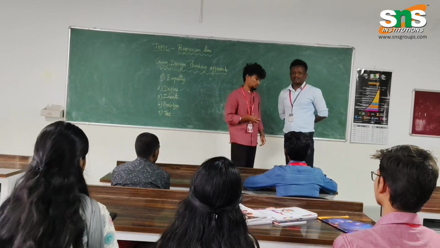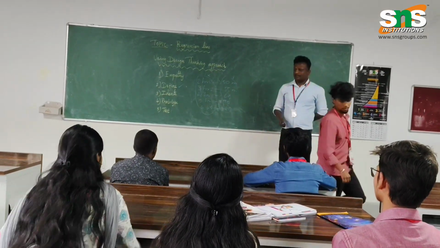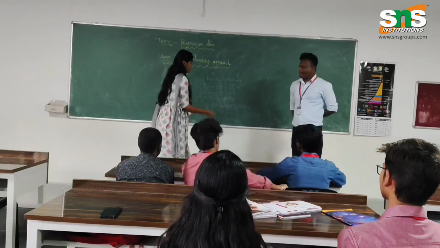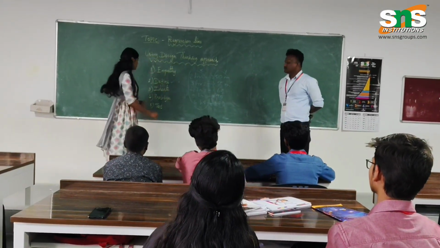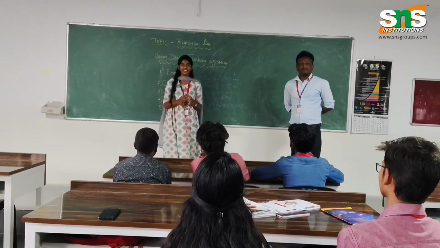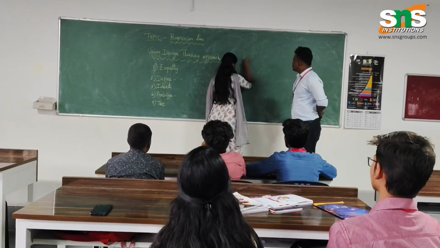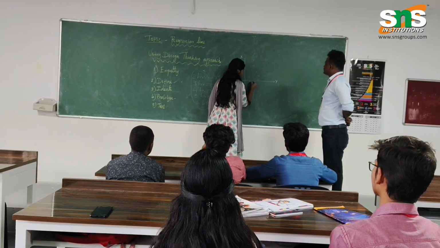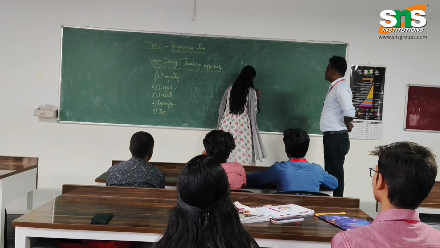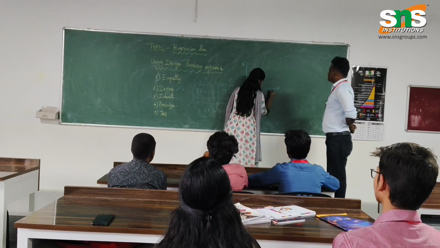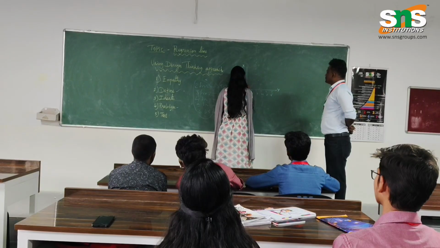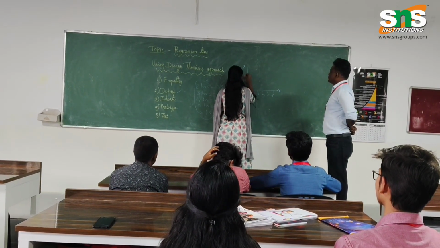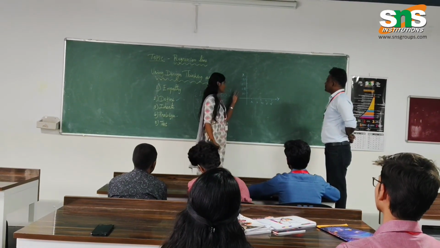Okay, very good. Next, can you explain the prototype of this? Today I am going to explain the problem. Let's first create a solution. For this, let's draw a graph with x and y, where x denotes the study hours and y denotes the marks.